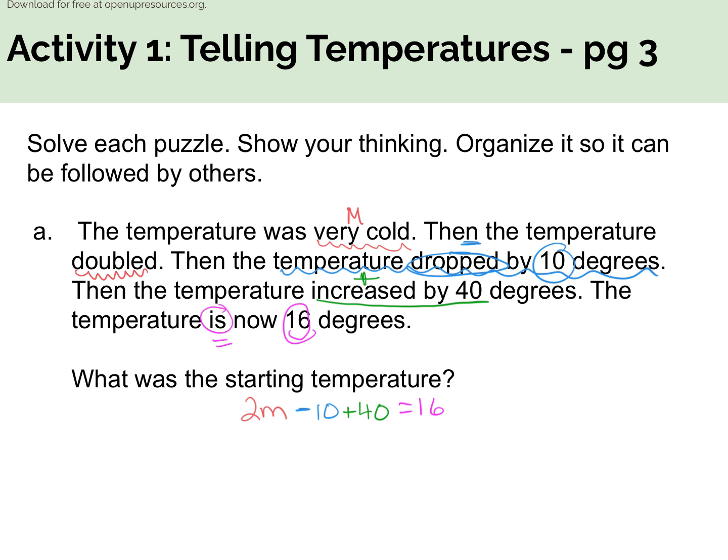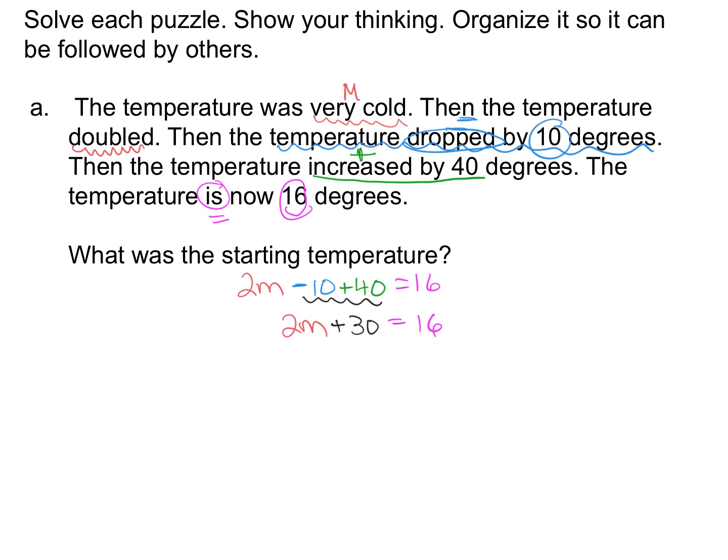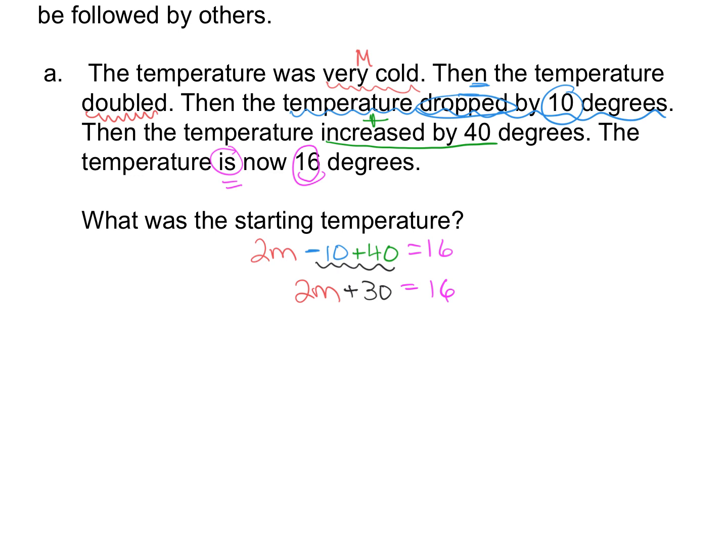Okay. So I'm going to look at this negative 10, positive 40. Let's put it together. We would have 2M. Put the negative 10, positive 40 together. That's positive 30. Eventually it's going to equal 16. Well, I know from last year we actually solved these kinds of things. So I'm going to do PEMDAS backwards.